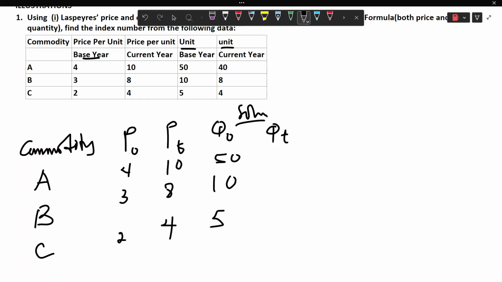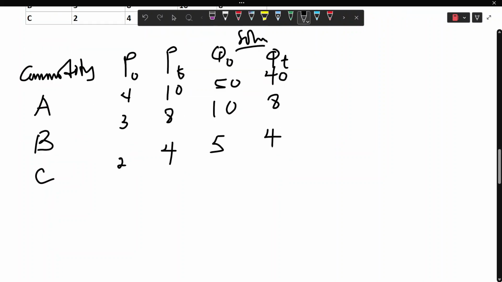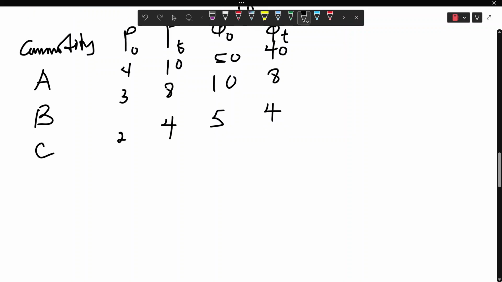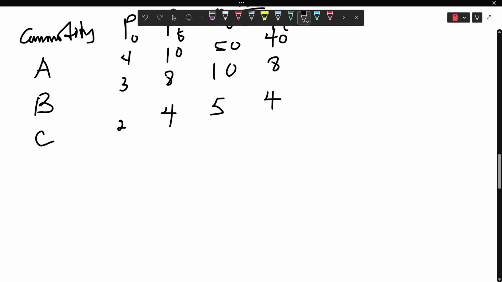Then for quantities in the current year, we have 40, 8, and 4. Let me bring another column here for the total.